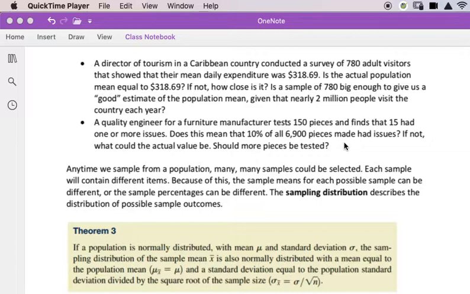It could be 12% or it could be 8%, just depending on which pieces I end up pulling into my group. The sampling distribution describes the distribution of possible sample outcomes. Some are going to be higher than the percentage that we get, some are going to be lower, or higher or lower than the average that we get.